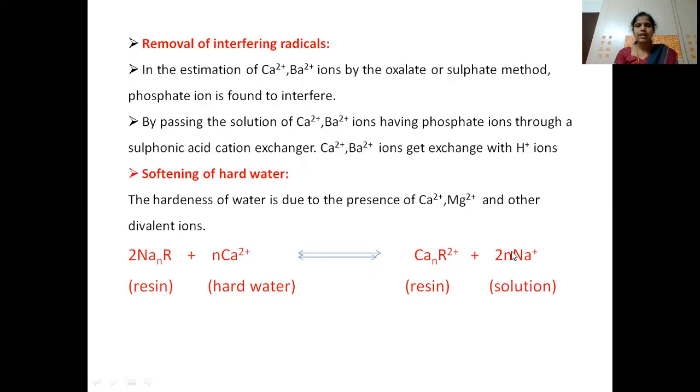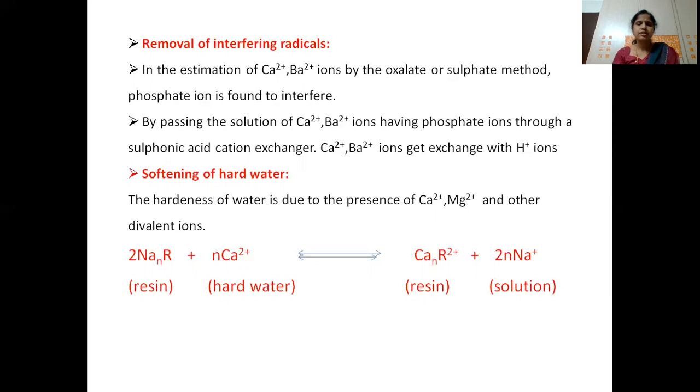So thereby we have removed this calcium ion, because all this calcium or magnesium which is present in the hard water is now bound to the resin, and in the water you will be left with sodium ions. In this way we can convert hard water into soft water.